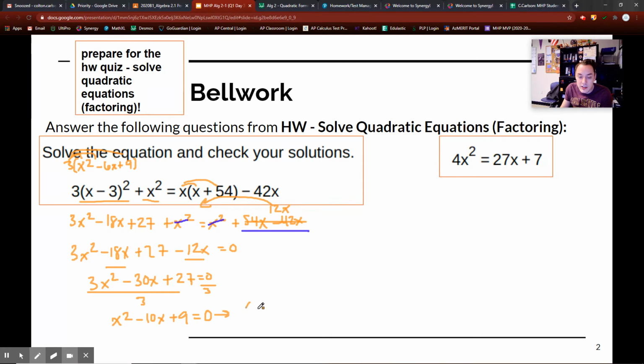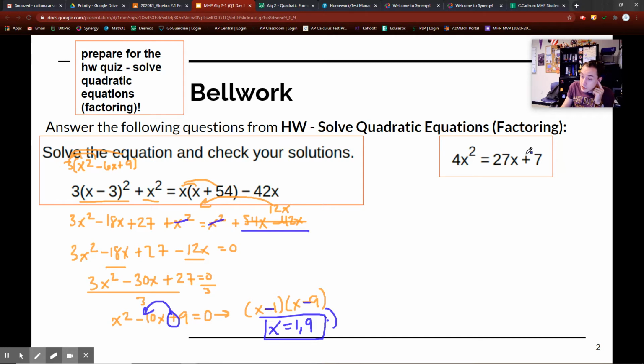Well, this is going to be just x minus 1 and then x minus 9. 9 and 1 multiply together give me 10. Since this sign right here is a positive, that means I look to that sign. That's a negative. Since that's a negative, they both become negative. So what's my final answer? x equals 1 and 9. Perfect. Boom. Done.